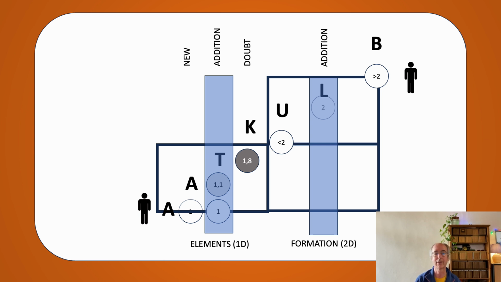What will happen in the next level? From U, L and B, the center position is the L, and it is about formation. It is not the elements we have already, but the elements are put together, so they are forming themselves, they are in formation in the number 2, so also in 2 dimensions.